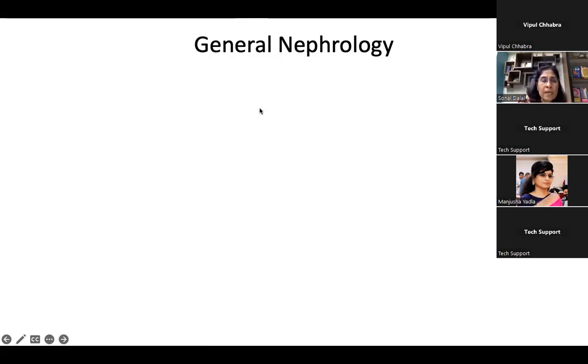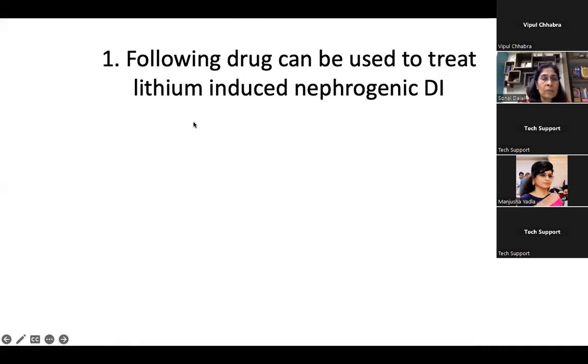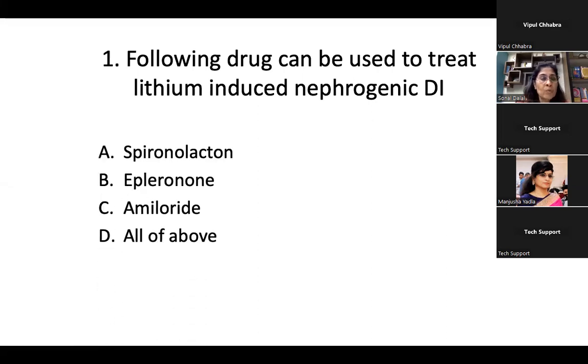So with this, we start our third round, the general nephrology round. The first question in the third round: the following drugs can be used to treat lithium-induced nephrogenic diabetes insipidus. Option A, spironolactone; B, eplerenone; C, amiloride; and D, all of the above.